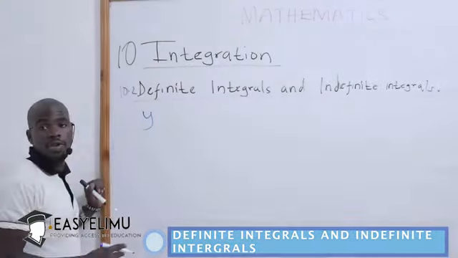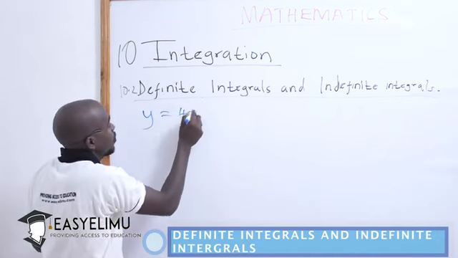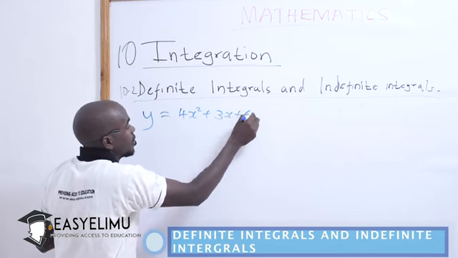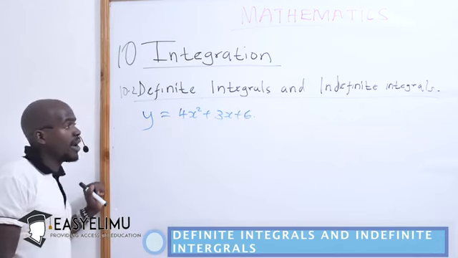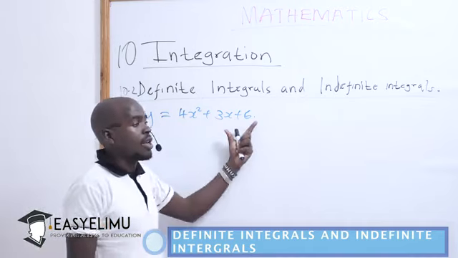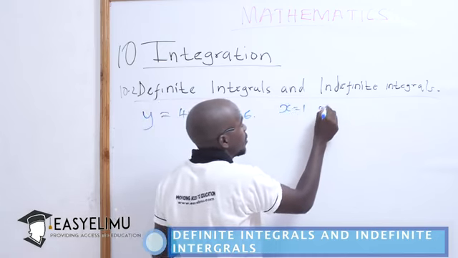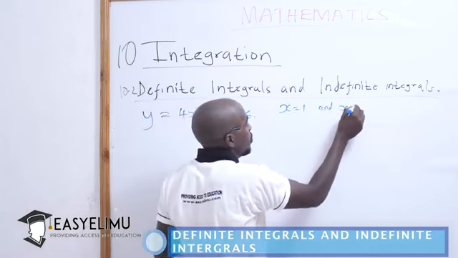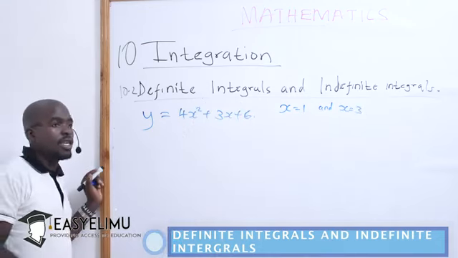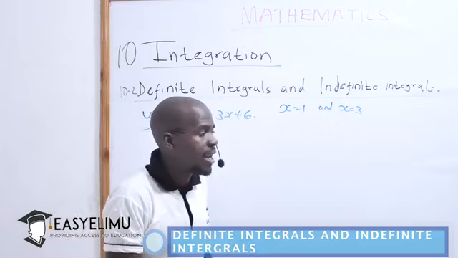In case you have been provided with y as the equation, for example, y equals 4x squared plus 3x plus 6, and you have been told to find the integral of that one, or the area between x equals 1 and x equals 3, then to find the area, we have to find the very small areas under the curve.